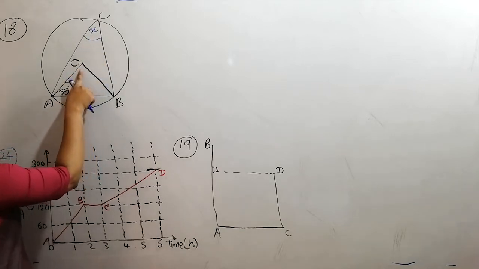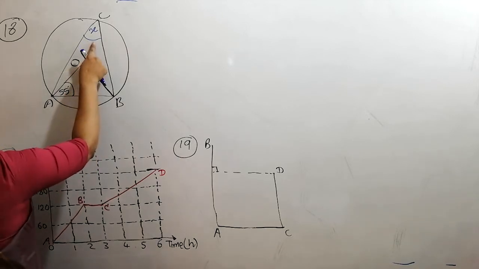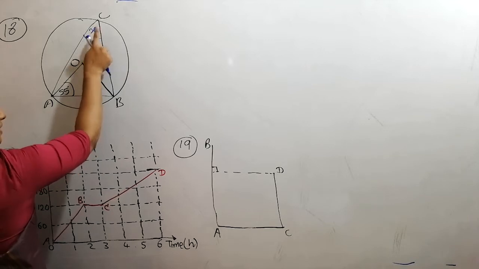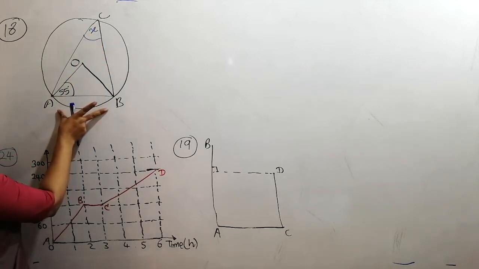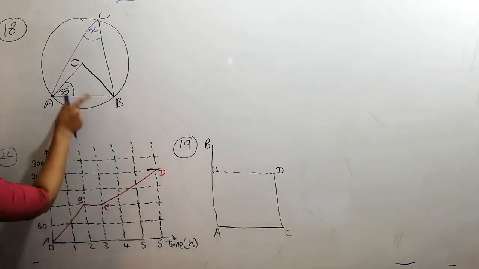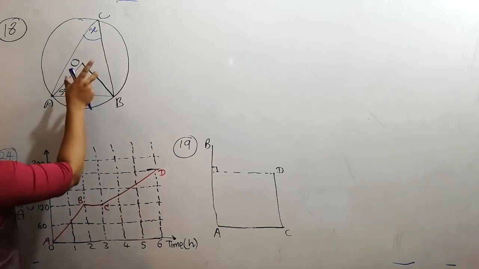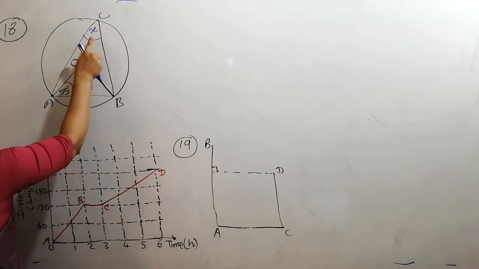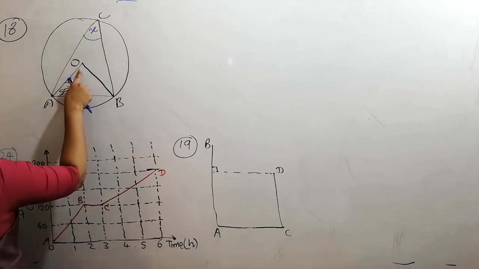This angle is the angle subtended at the center. This angle is the angle subtended at the circumference of the circle by the same segment. What's the theorem? The angle subtended at the center is equal to twice the angle subtended at the remaining part of the circle. That means if this is x, this should be 2x.